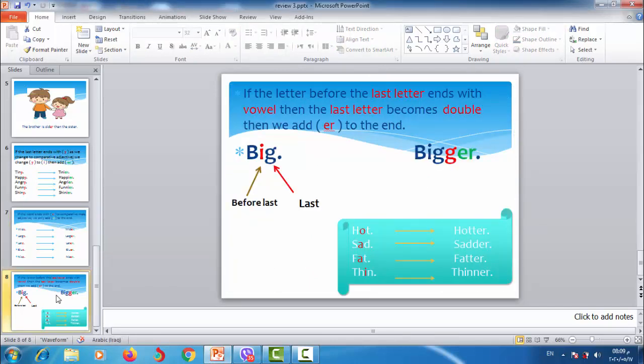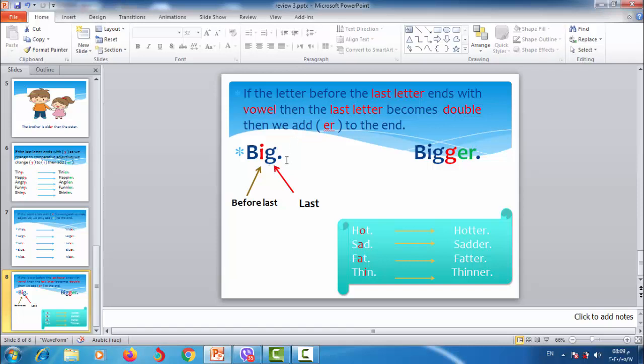The last point about comparative adjectives is if the letter before the last letter is a vowel, then the last letter becomes double, then we add ER to the adjective. Look at this example.